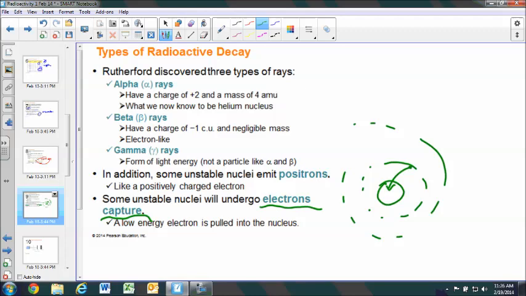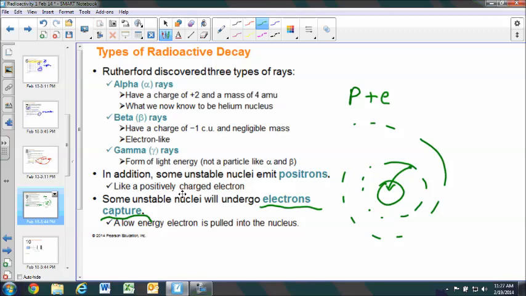That's what we call electron capture. So how are we going to look at the nuclear equation? Well, if you have so many protons, which are positive, and now you add one electron, one proton is going to be cancelled by that electron.